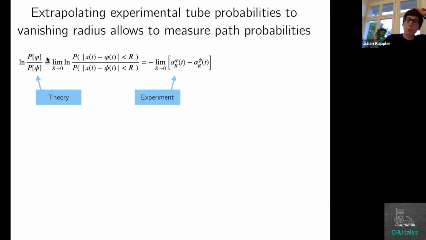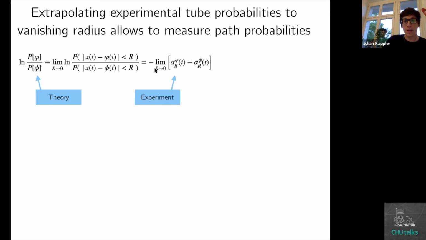And with our approach, with the tubes, we can now decide this, because what we know is that these tube probabilities are quantified by these exit rates that we can measure. The idea is that you take the exit rate for two reference paths at finite radius, which you can measure without fitting any model. You just measure the data, and then you have measurements at several radii.